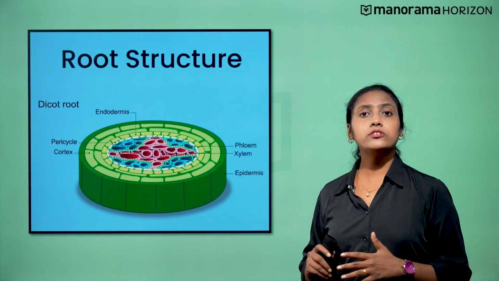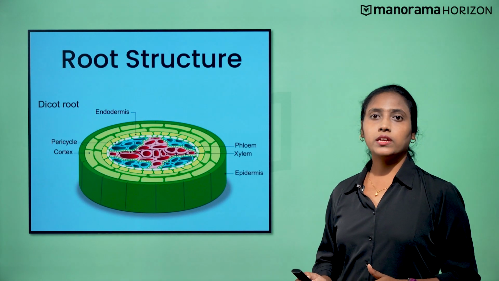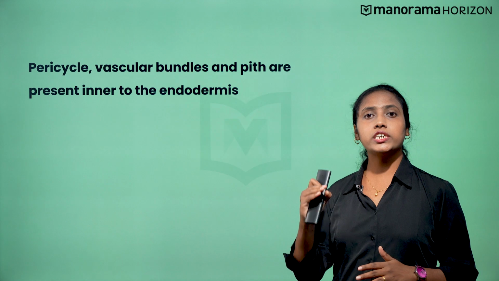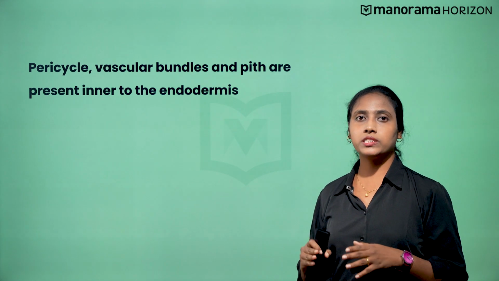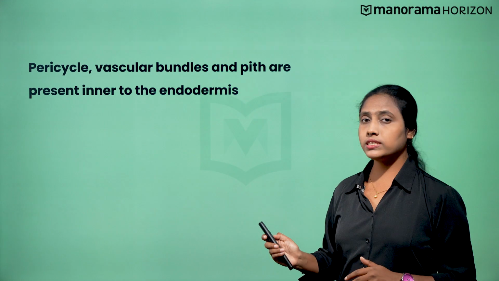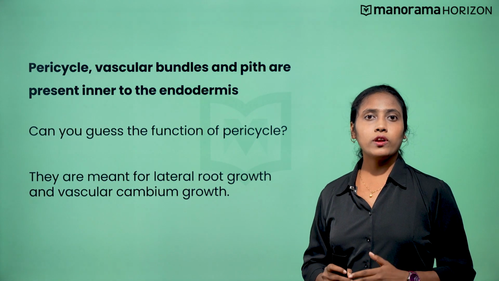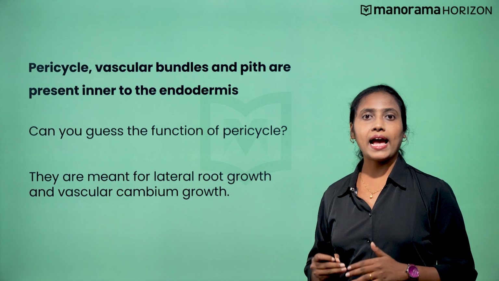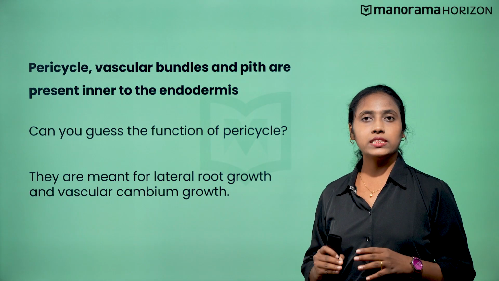Enclosed inside the endodermal layer are the pericycle and pith. The pericycle lies just below the endodermis towards the center and is many cells thick. Can you guess the function of the pericycle? It is meant for lateral root growth and vascular cambium growth. The pith lies in the middle.